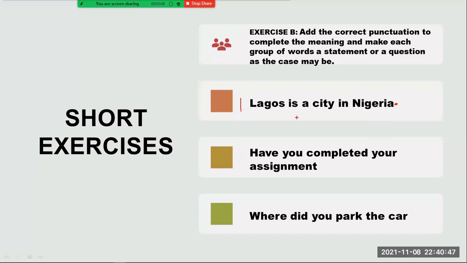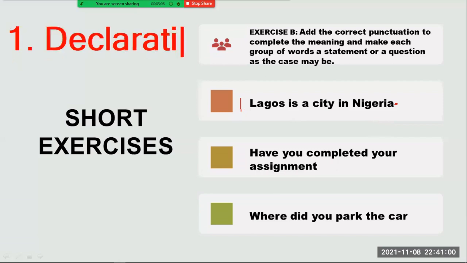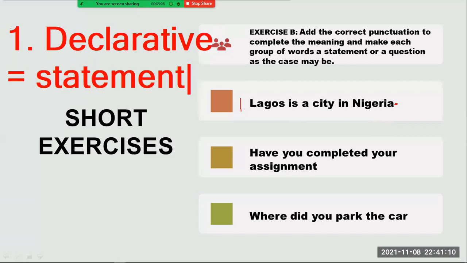You have the declarative sentence, that's number one. A declarative sentence is a statement, and that is what this one is.